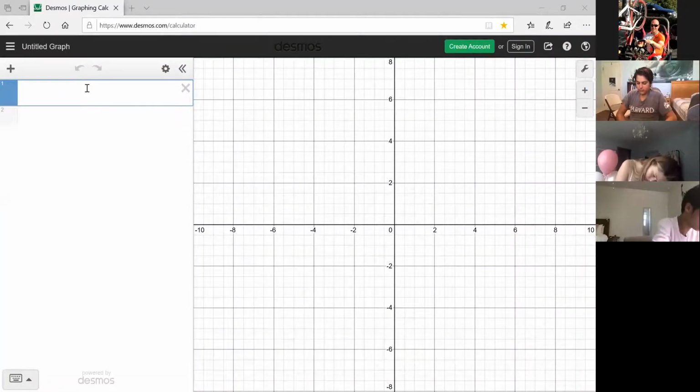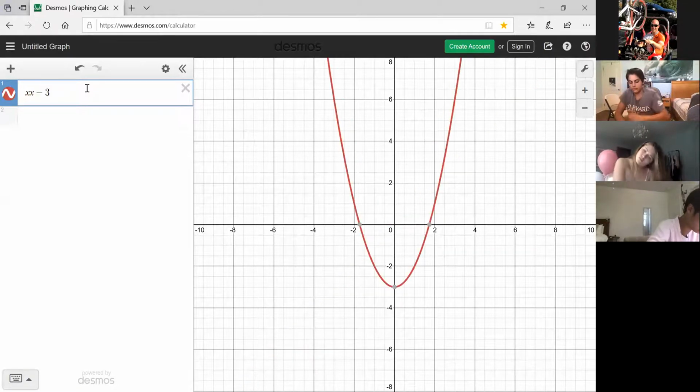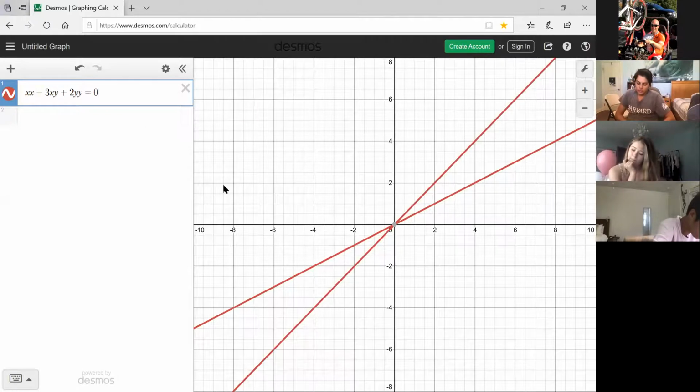All right, so plugging this thing in, x squared minus 3xy plus 2y squared equals 0. All right. That is, I don't know what that technically is.